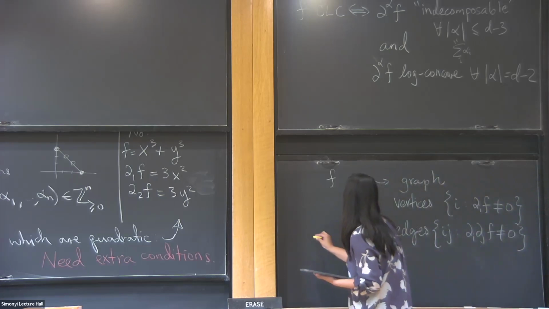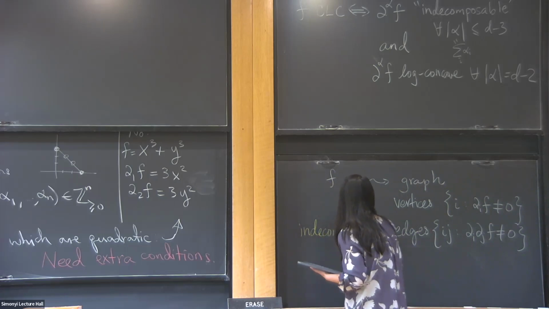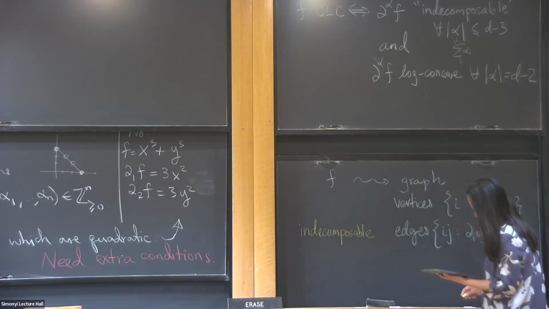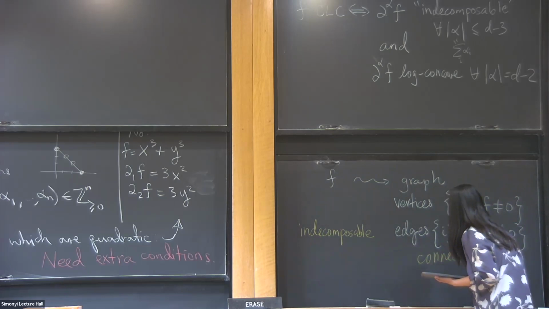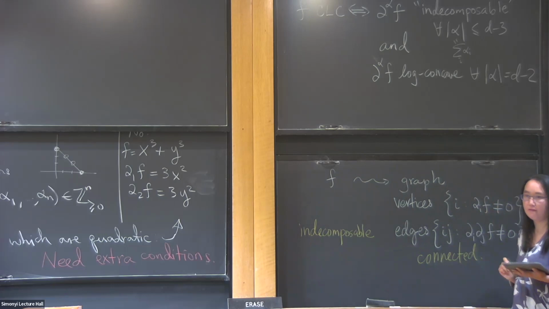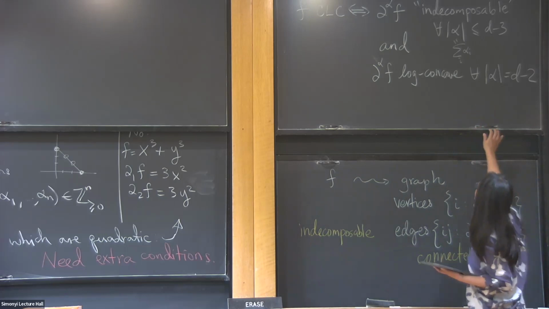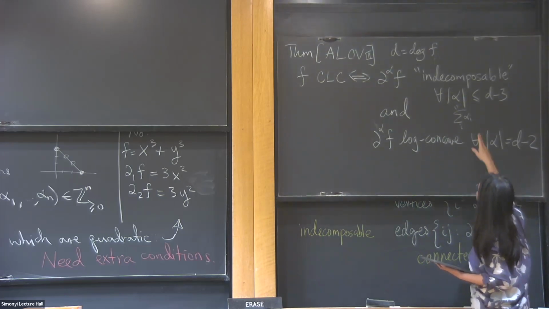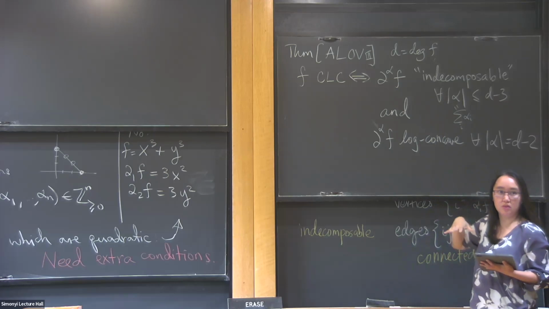A polynomial is indecomposable if this graph is connected. It is a finite check, though there could be very many, because you have to look at all the partial derivatives down to degree 3.